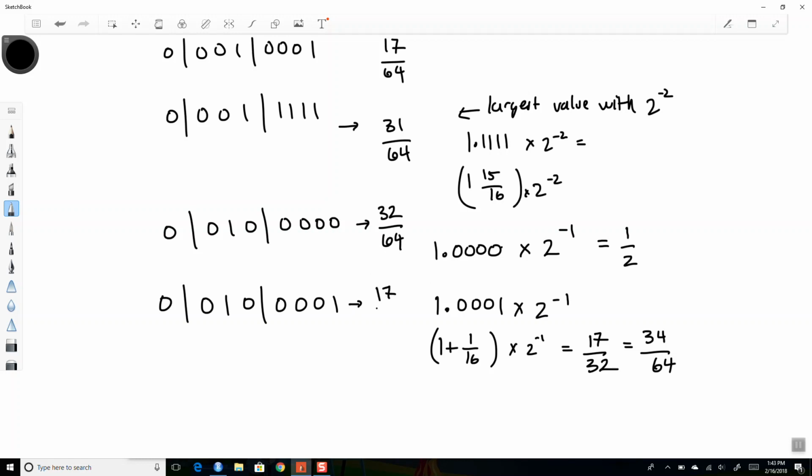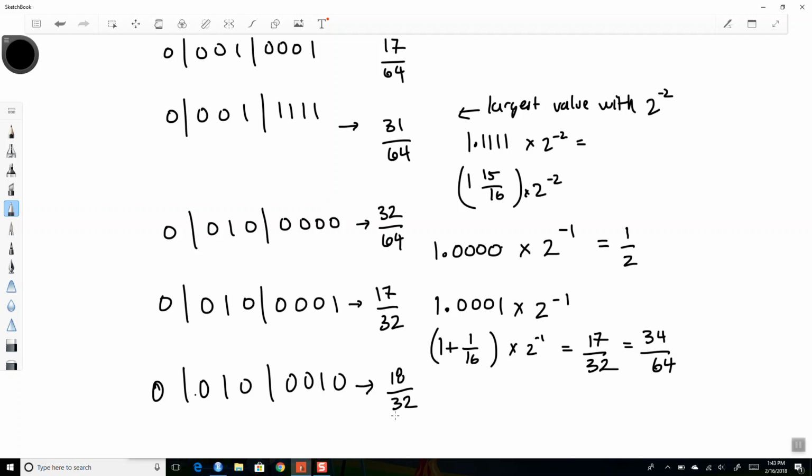Okay? We're at 17/32. So up until this point, we had been incrementing by 64ths, 1/64. Okay? Now that we are here, and if I count to the next value, 0, 1, 0, 0, 0, 1, 0, this is going to become 18/32. We are now incrementing by 1/32.